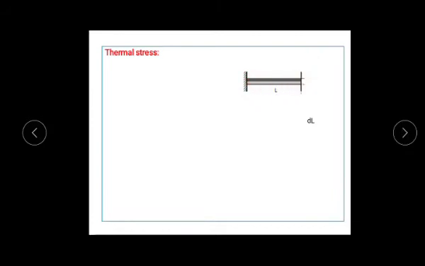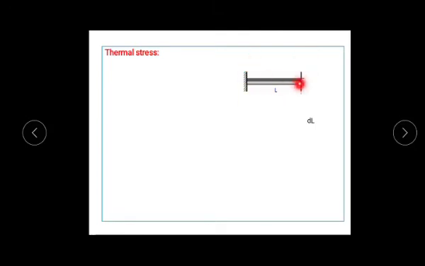So the metal rod is fixed at both the ends. Now if you heat this metal rod, what happens? Whatever we have learnt, this metal rod will expand, means expansion takes place. But is there any place here to expand, because both ends are fixed?